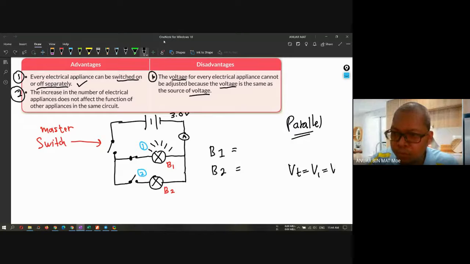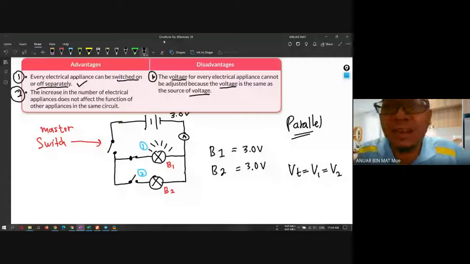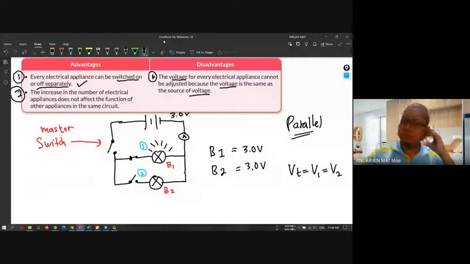So, if the total voltage is 3.0 volt, V1 is also 3.0 volt, and V2 also 3.0 volt. So, the voltage for every electrical appliance cannot be adjusted because the voltage is the same as the source of the voltage.